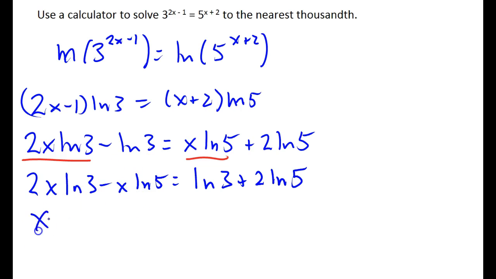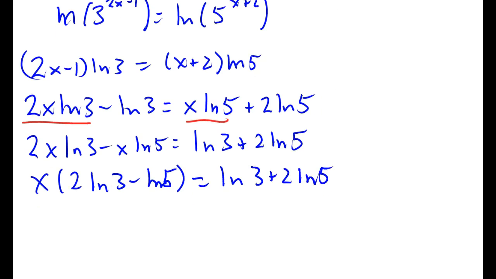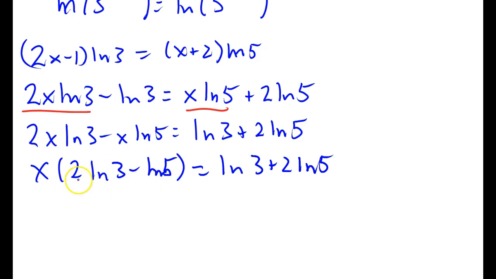Factor out an x. And my final step before I bring in the calculator is to divide by 2 natural log of 3 minus natural log of 5.